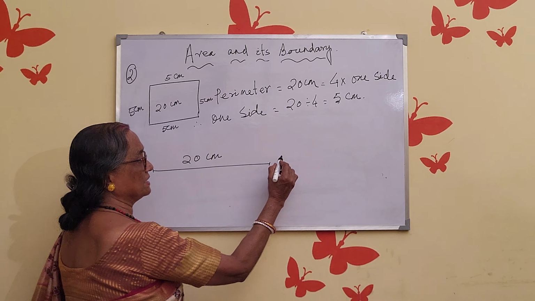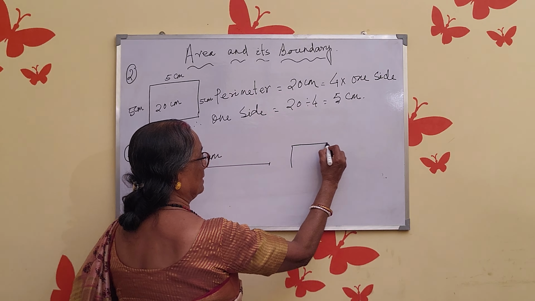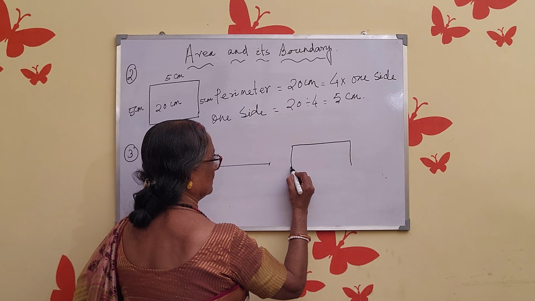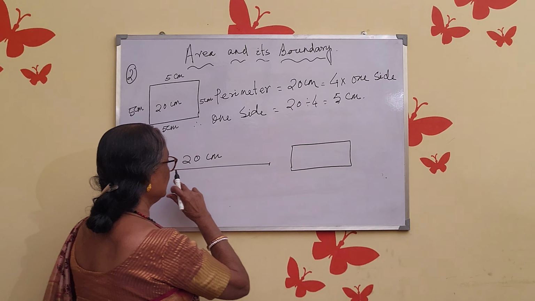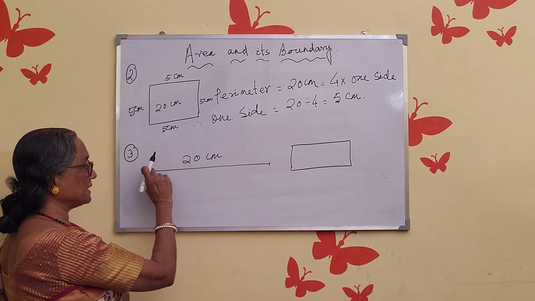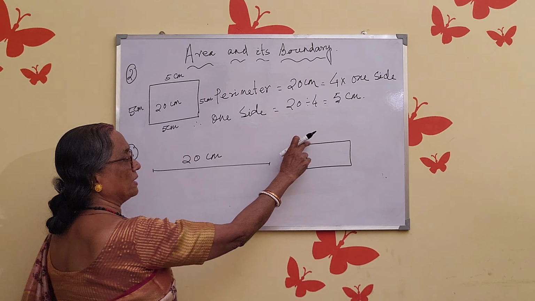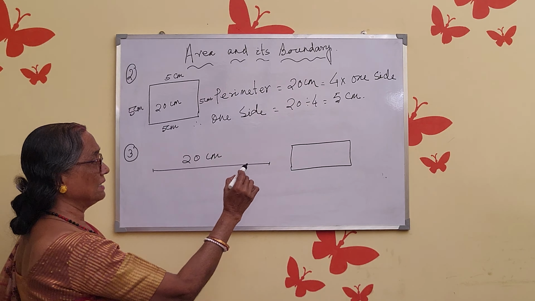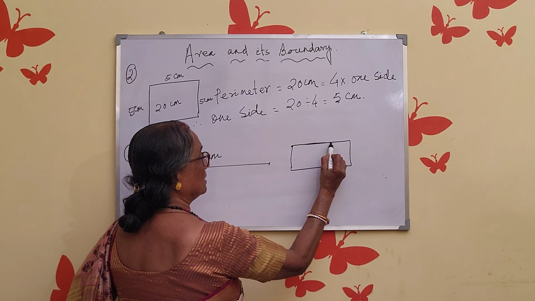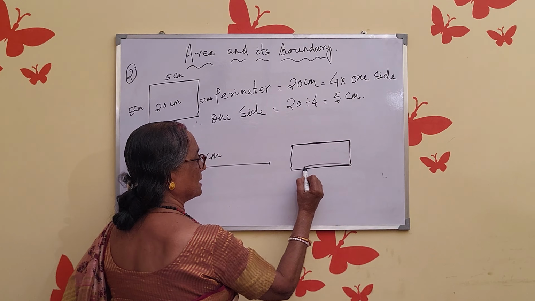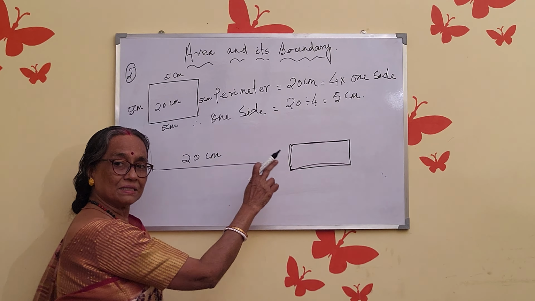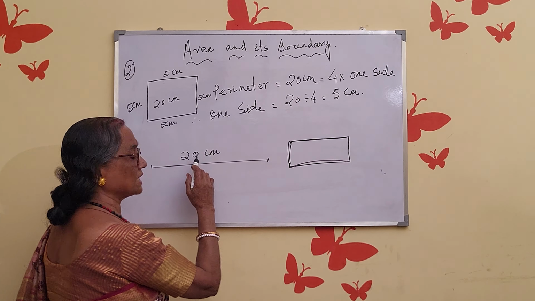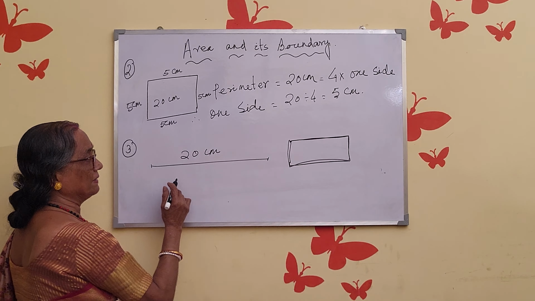Now you make this one as rectangle. This is a wire. Now with the help of this wire you frame one rectangle. So whose value is 20 centimeter? This is this plus this plus this plus this. The four side, the sum of the four side is 20 centimeter.